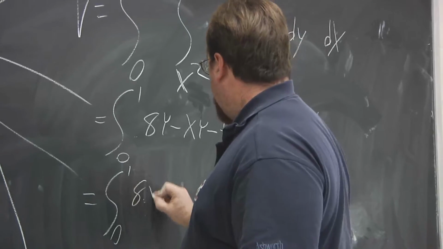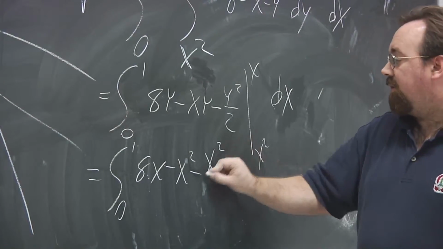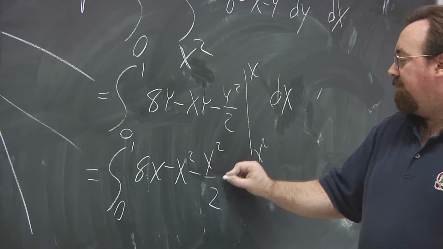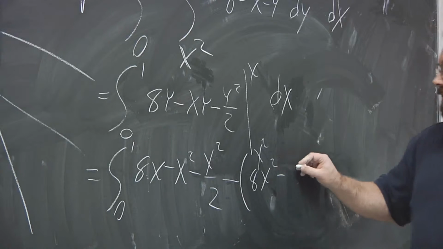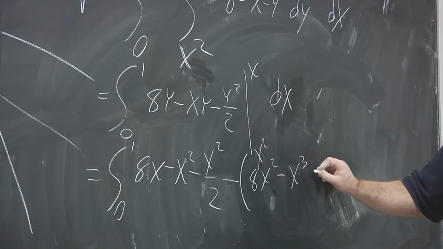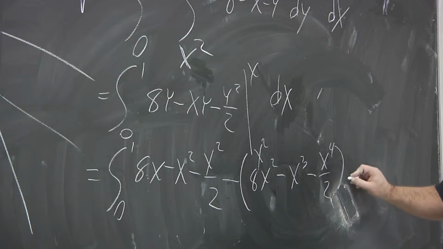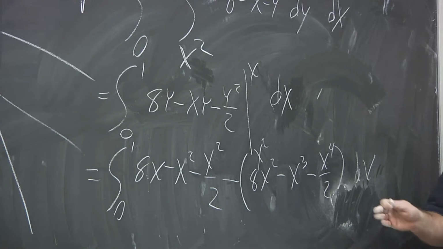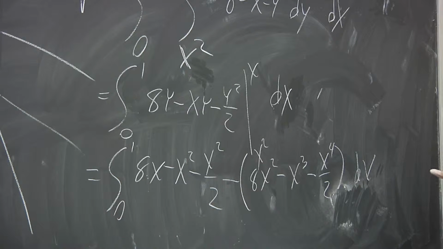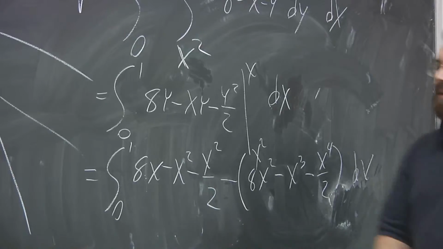So we'll have 8x minus x squared minus x squared over 2, minus 8x squared minus x cubed minus x to the 4th over 2. So now everything is in terms of x. So now we just have a single integral to evaluate.